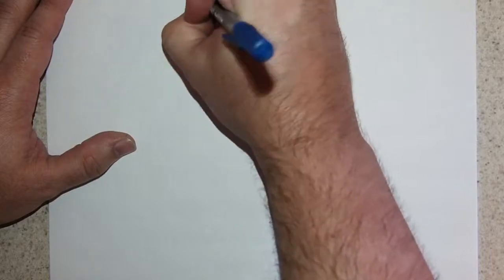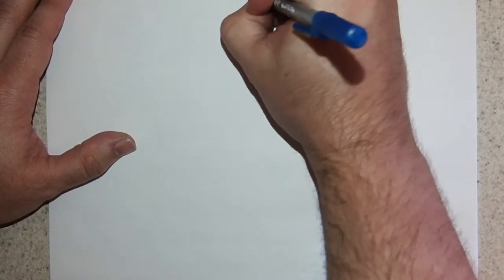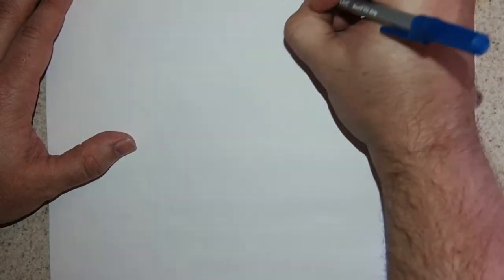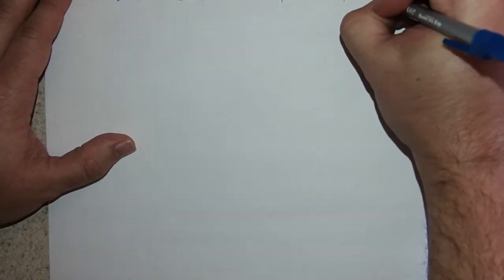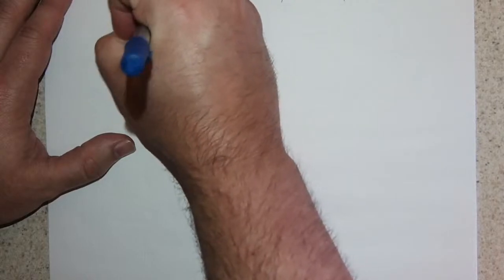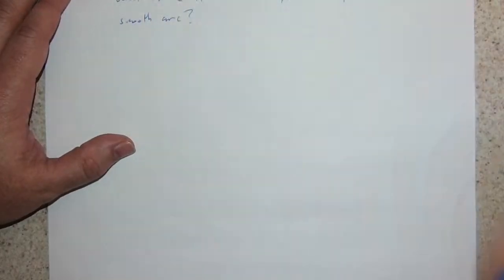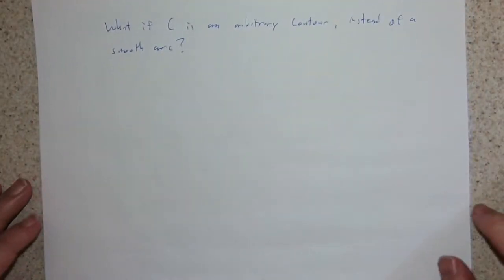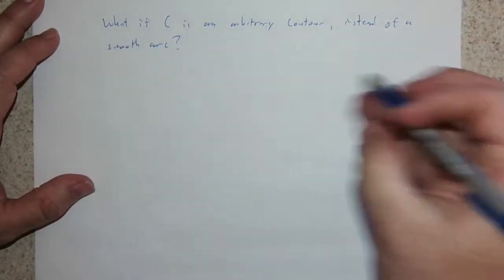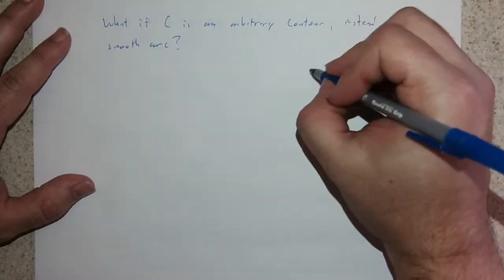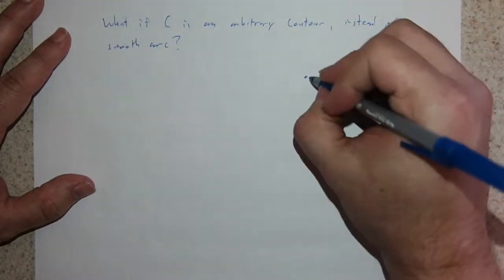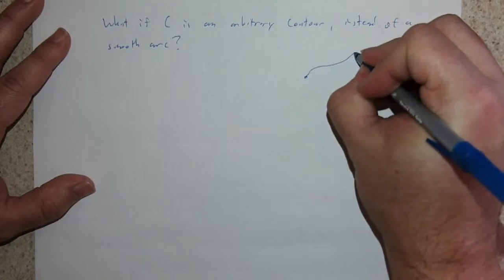So, what if C is an arbitrary contour instead of a smooth arc? Well, what's the difference here? The difference is that instead of those pictures, your pictures would look like this. You would have a loop that maybe looked like this.